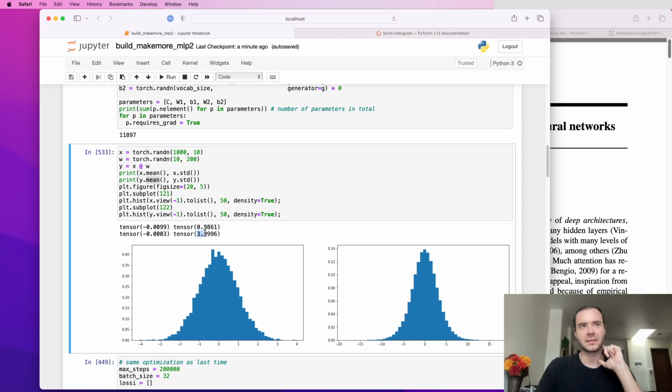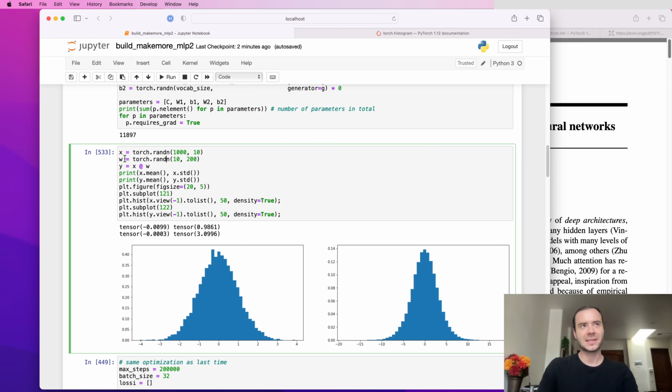But we see here that the standard deviation has expanded to 3. So the input standard deviation was 1, but now we've grown to 3. And so what you're seeing in the histogram is that this Gaussian is expanding from the input. And we don't want that. We want most of the neural net to have relatively similar activations, so unit Gaussian roughly throughout the neural net.